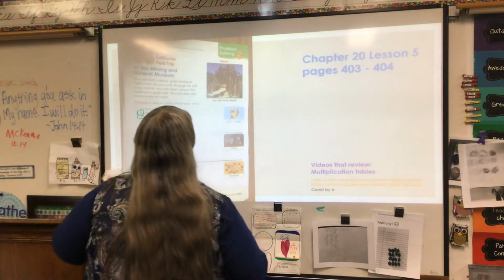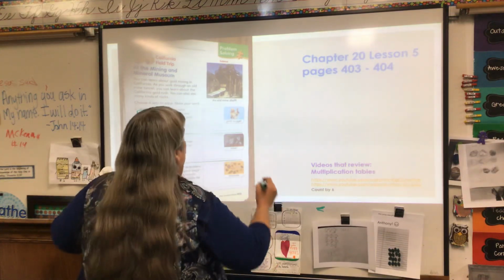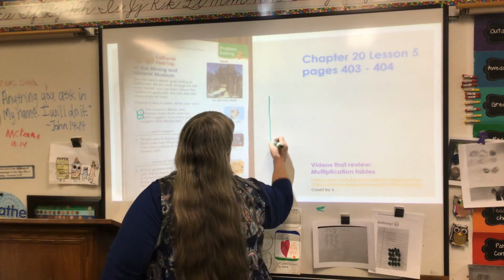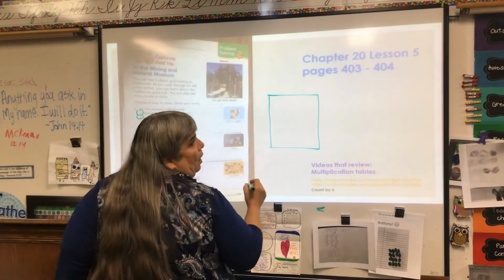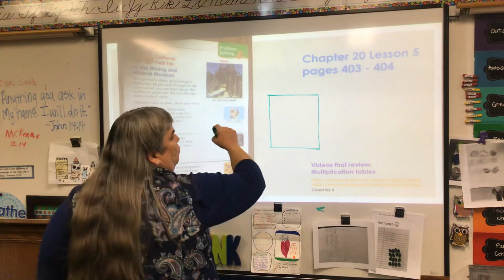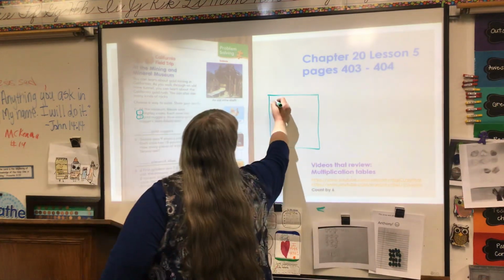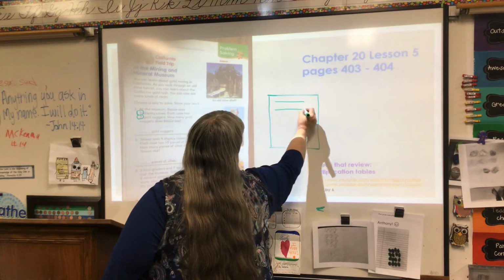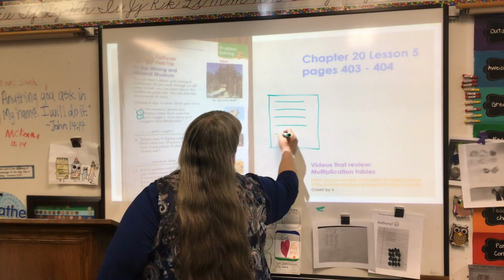So there's 5 display cases, and each case has 3 gold nuggets. So it's kind of like when we make an array. You remember those boxes. The number 5 comes first. So 5 is going to be the row. So the display case is really big. 2, 3, 4, 5.